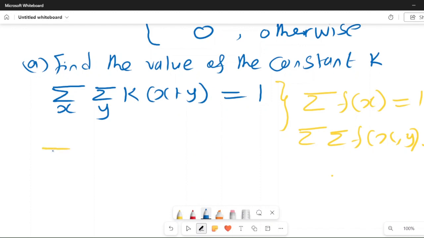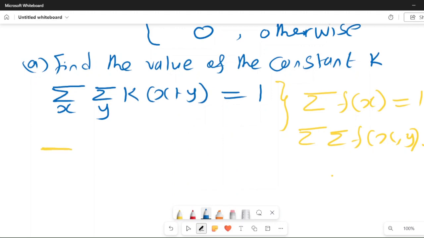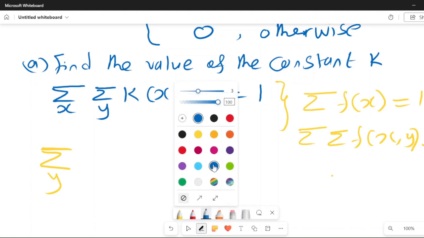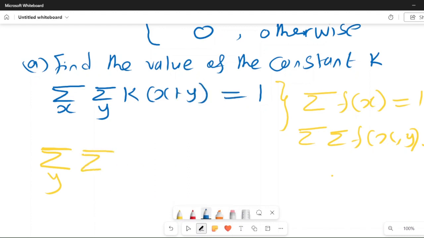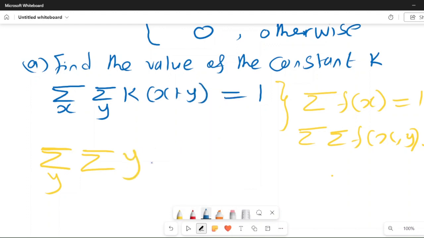So I'm going to start by summing over x, for the reason that I would feel more comfortable seeing how the values change with respect to the values I introduce. So we want to sum over x.